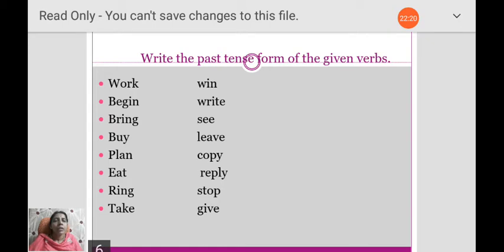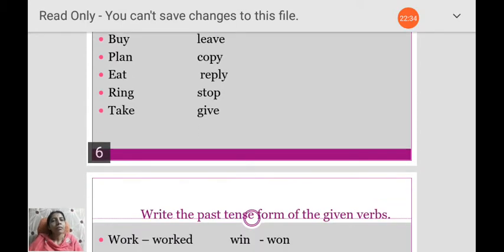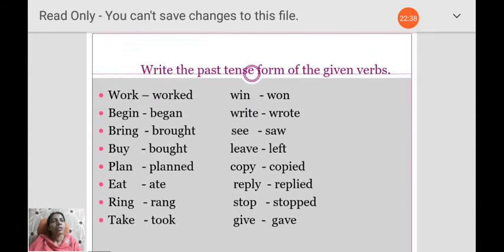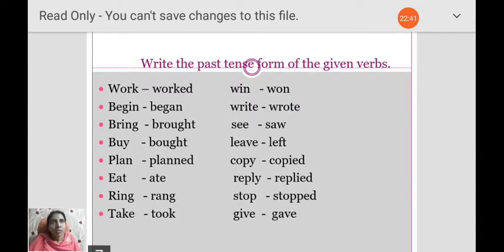Now, I hope you have written the words. So, let us look at the past tense form of the verbs. Try to check what you have written. The first is work. It is formed by just adding ed.